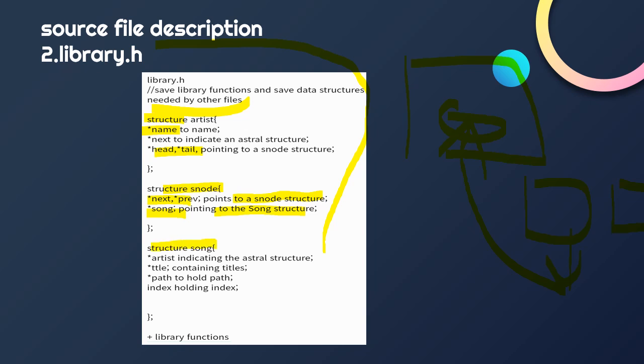Structure song has artist, pointing to the actual structure, title containing the title, path to hold the path, index holding the index, and plus library functions.